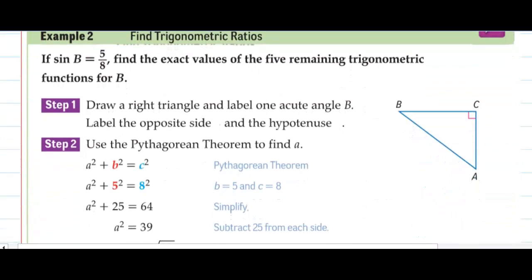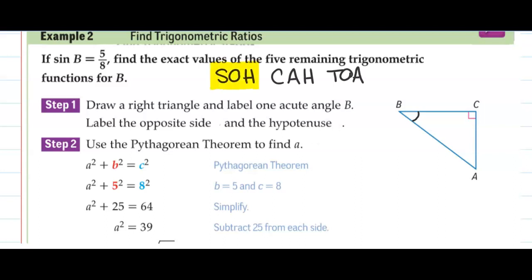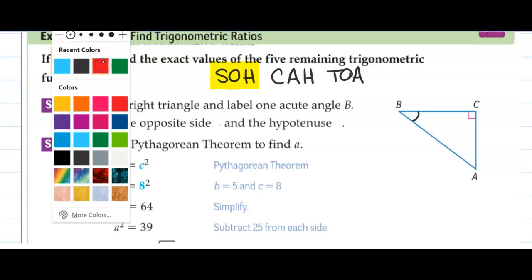On this next problem, it tells us that the sine of angle B, so this is our angle that we care about, angle B, is 5/8. Remember, SOHCAHTOA. If they're telling us about the sine, that means 5 is going to be the opposite.